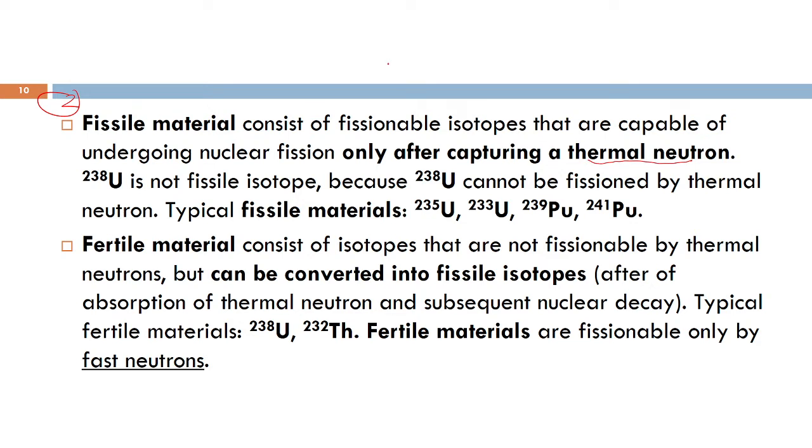So if you have uranium-238 and you give it thermal neutron, it will not fission. But if you give it fast neutron, it will fission. So only by thermal neutron: uranium-235, uranium-233, plutonium-239, plutonium-241 are fissile materials. So they only fission by thermal neutron.